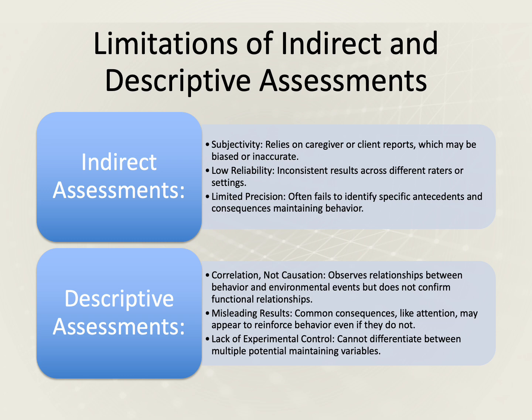There's no experiment going on. We're not manipulating any particular variables to see the effect on the behavior. In this case, we're simply observing what is going on in the environment and collecting data to conduct an analysis of that data, but we are not manipulating anything. So of course, there's a lack of experimental control with descriptive assessments.